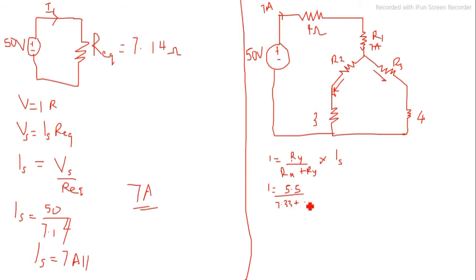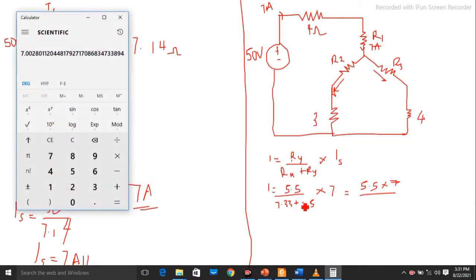Your Ry is 5.5, times the source current, which is 7 amp. That goes to 5.5 times 7 divided by 7.33 plus 5.5. 7.33 plus 5.5, that's 12.83.